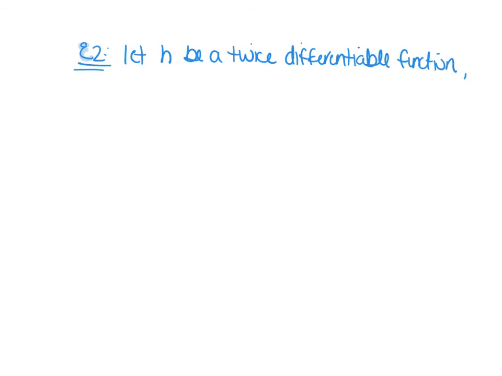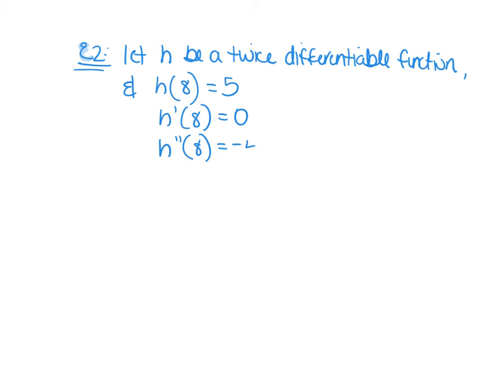All that's telling us when you see twice differentiable is that there is a second derivative. And h of 8 equals 5, h prime of 8 equals 0, and h double prime of 8 equals -4.